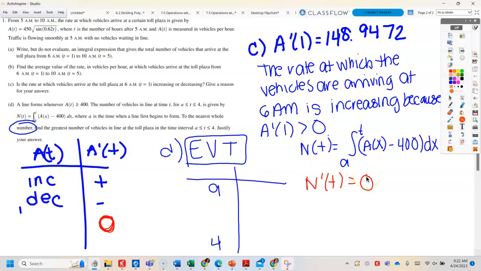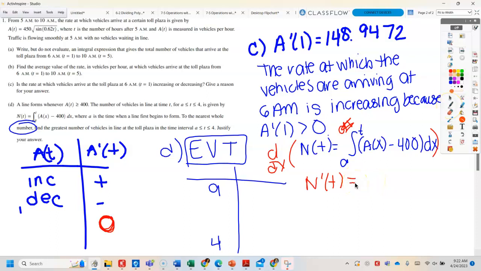So therefore, we need a derivative. So derivative of n of t is n prime t. Only because I'm running out of room.